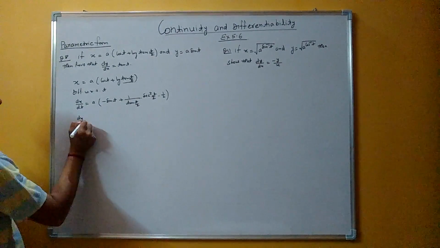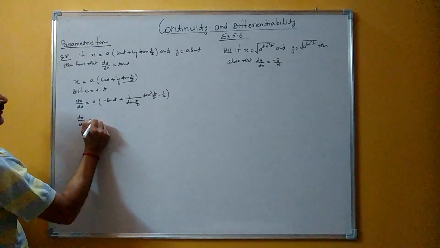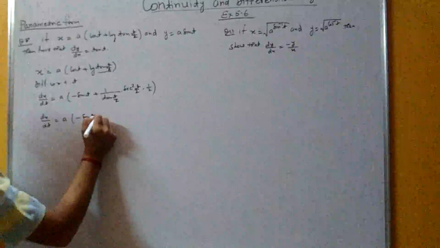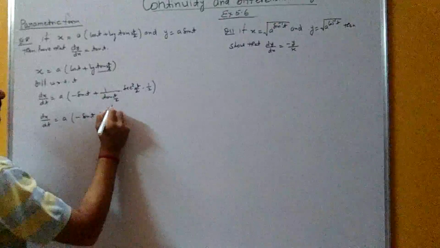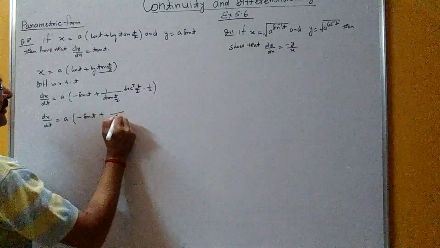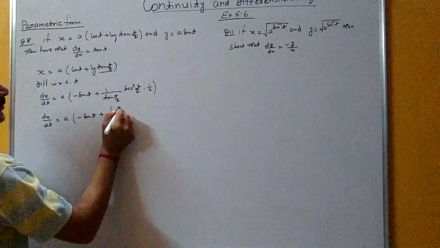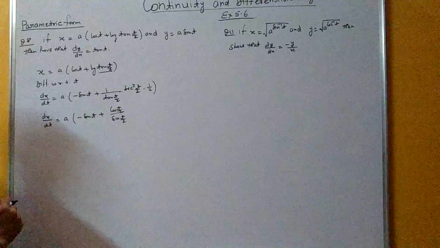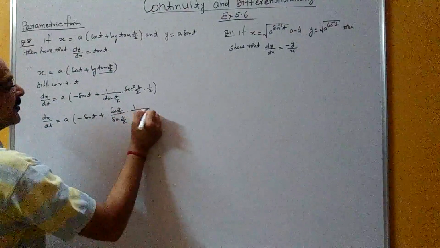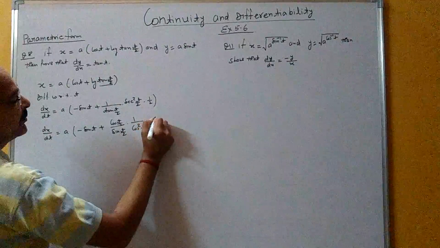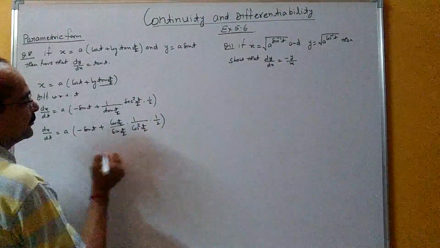Now simplify this term using trigonometry. Minus sin t plus tan t by 2 is broken into sin and cos, that is sin t by 2 over cos t by 2. So cos t by 2 is in the numerator, into 1 upon cos square t by 2, into 1 by 2.